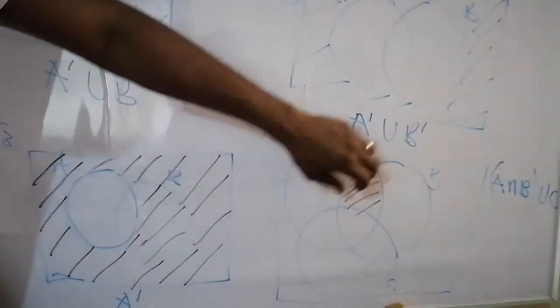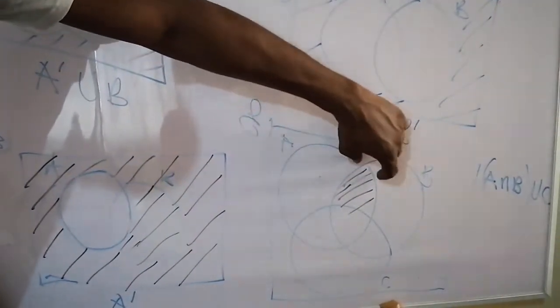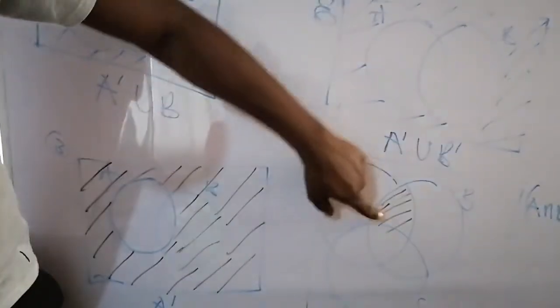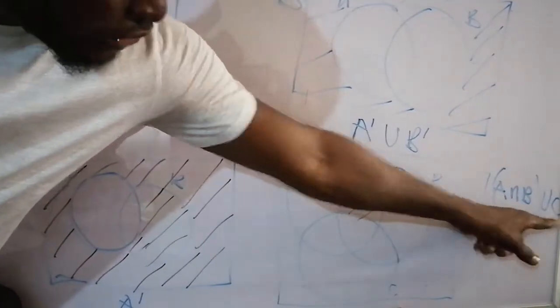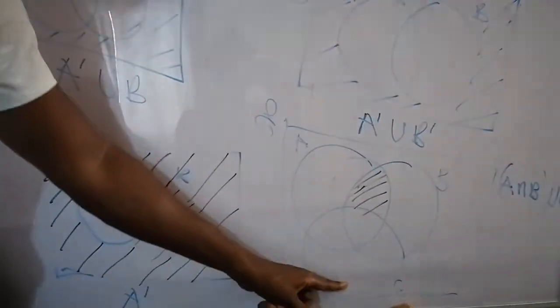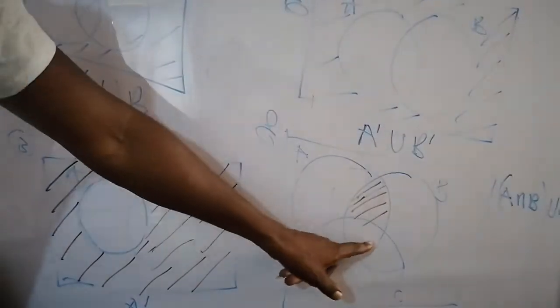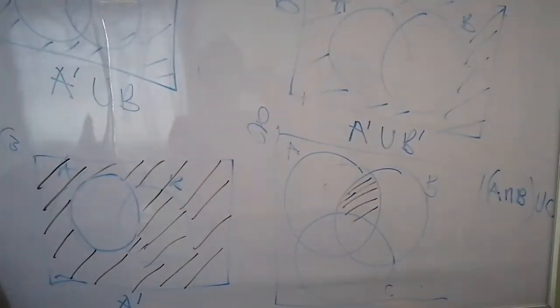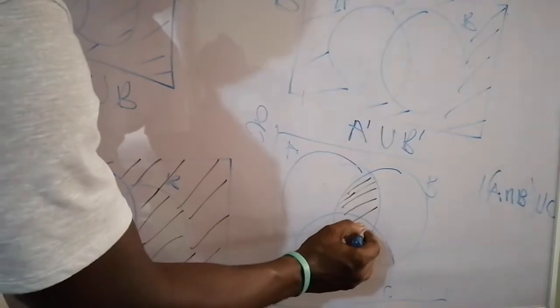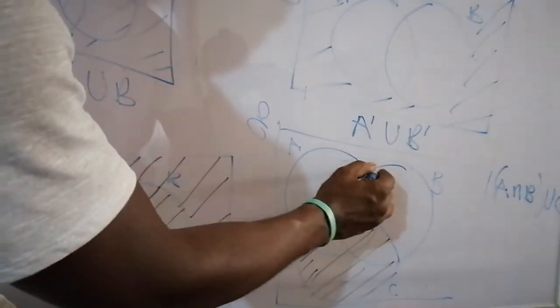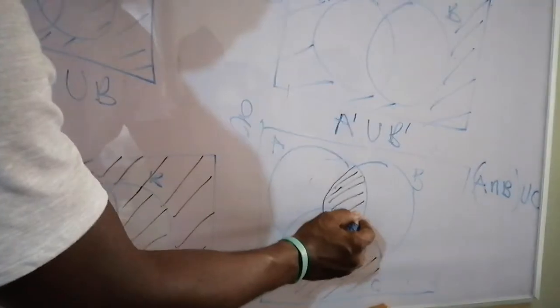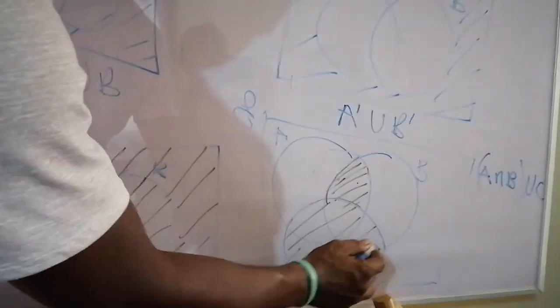And then this plus this one, the A intersection B, which is this one. Then that one union C. So you are adding everything in C to it. So now your shading will include everything in C. Everything in C here. So you have all of this side being shaded. Everything in C. You are adding C. So this will be the A intersection B in addition to the union. So this and this shade everything in C.